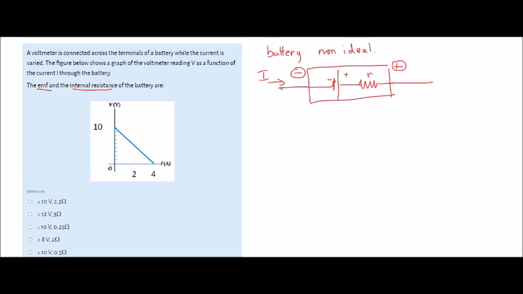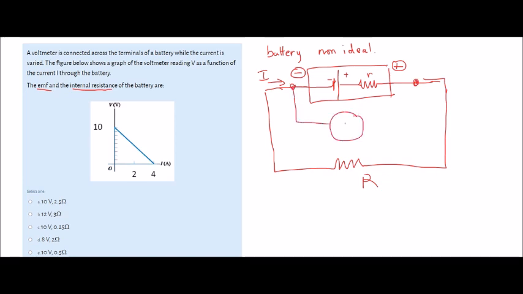This is basically connected to a circuit, so there is something that brings current. Probably it is connected to an external resistor, for example. It's not necessary to draw that. And the two terminals are connected to a voltmeter to measure volts. What is the relation between V and I? V is the difference in potential, actually.